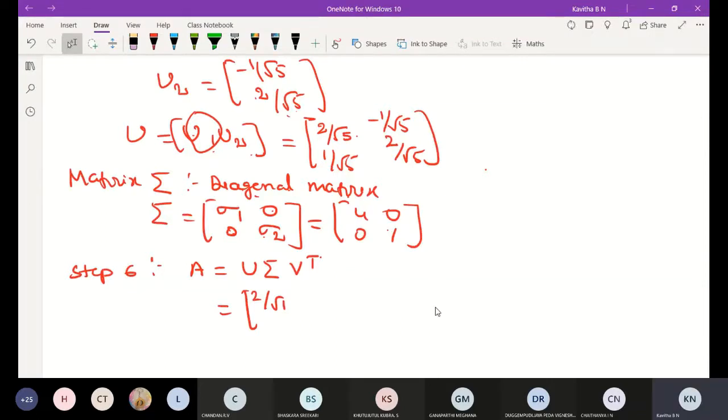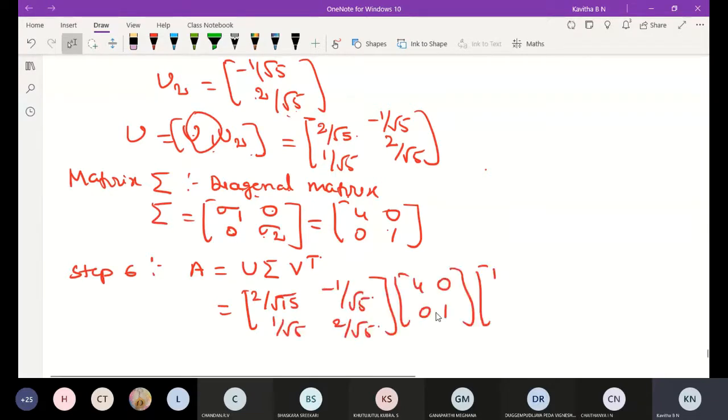Then summation is 4 0 0 1, and next is V transpose. V transpose is 1 by root 5 and 2 by root 5, minus 2 by root 5 and 1 by root 5. Got it? Simplify and tell me the answer.